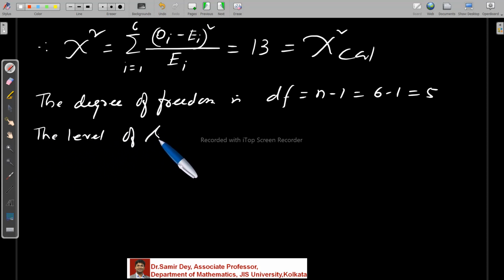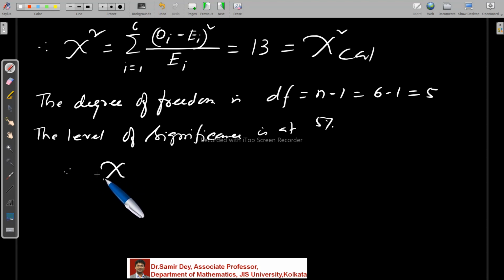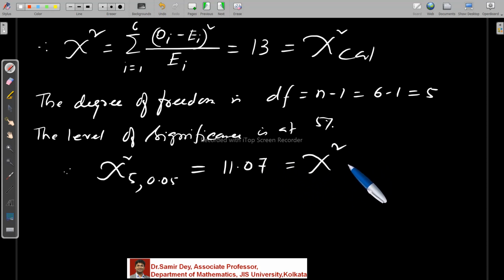The level of significance is at 5%. How to decide that? It is given. So therefore you may write chi square 5, comma, 0.05, and this portion is given as 11.07. Correct? This is called chi square tab.